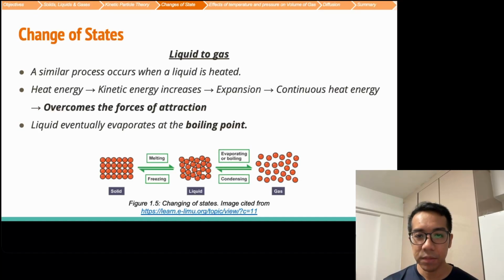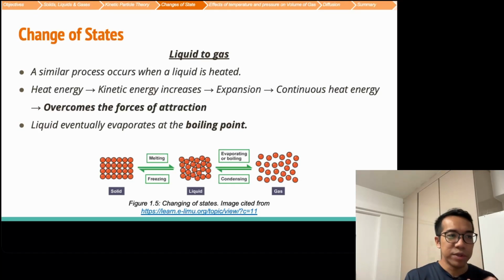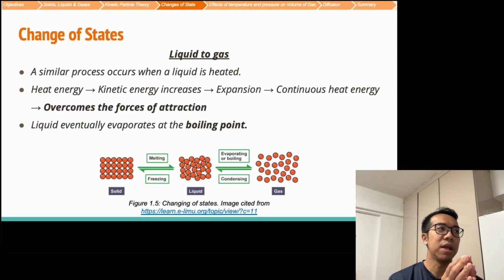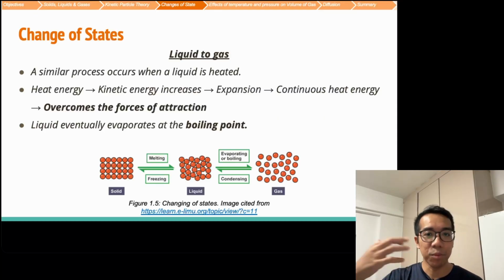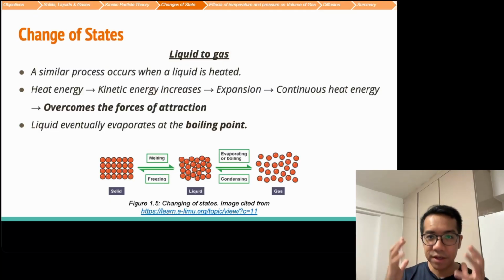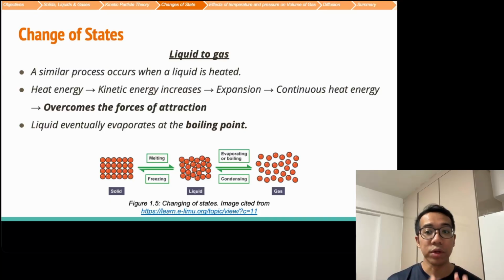So the same thing can be said when you go from liquids to gases. How do you go from, let's say, water to water vapor? One prime example from everyday life is if you were to boil water, you notice that you see steam coming out from your kettle. A similar process occurs. You heat the system, now being water itself. The particles vibrate faster and faster, weaken the forces of attraction, and boom.